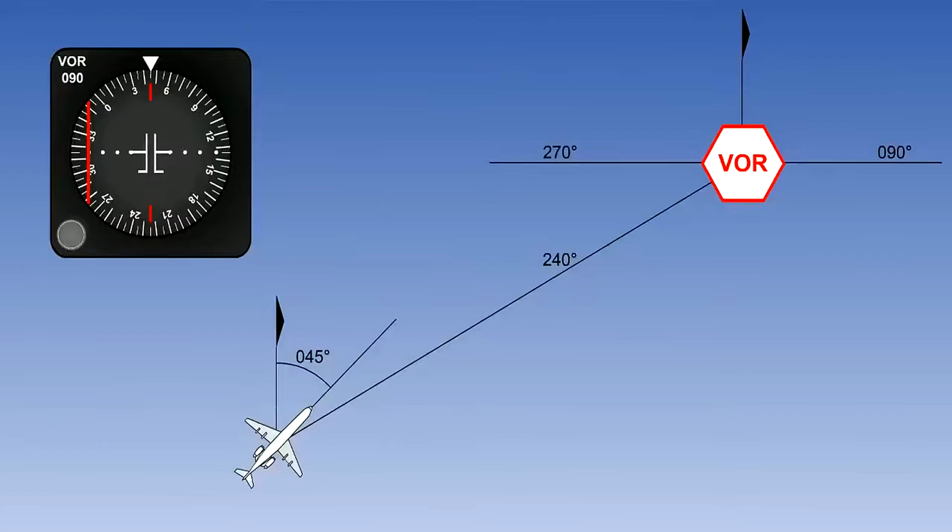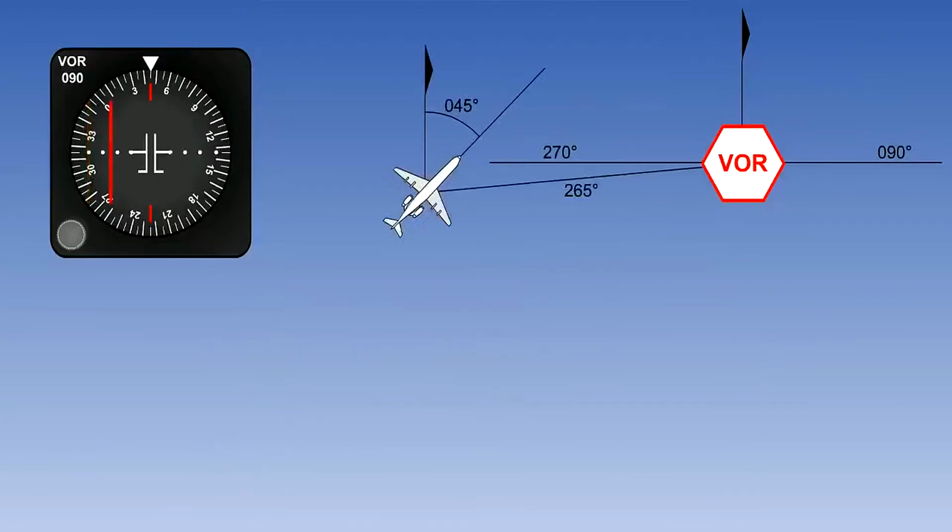The deviation bar will be deflected in full, as the 270 radial is more than 10 degrees from his current position on the 240 radial. When he comes within 10 degrees of the 270 radial, the deviation bar will start to move towards the center.